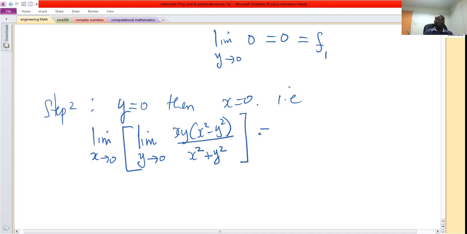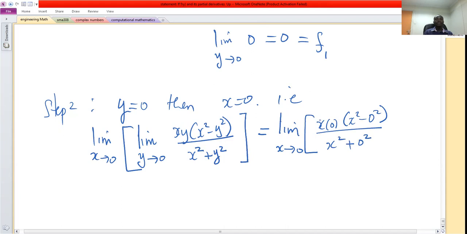So which will be the limit as x approaches 0 of x times 0, x squared minus 0 squared, divided by x squared plus 0 squared. I'm simply replacing y with 0 here.